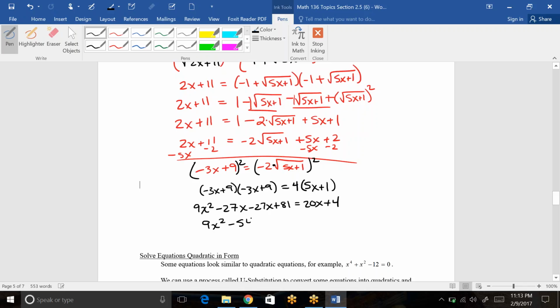I'll do that first. So that's -54x. Bring everything else down. Subtract my 4 over. Subtract my 20x over. And I get 9x squared minus 74x plus 77 equals 0.